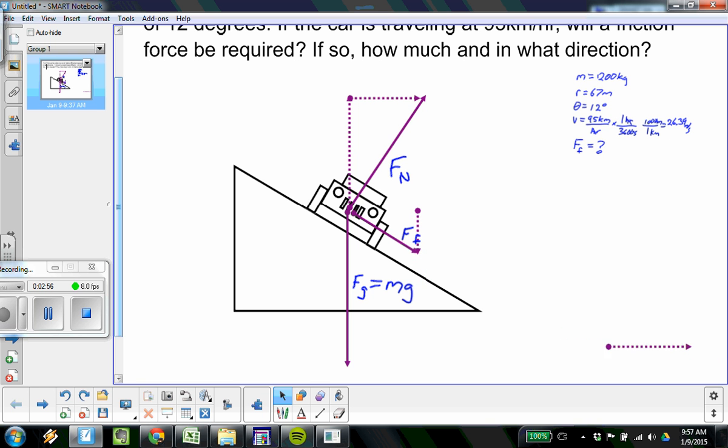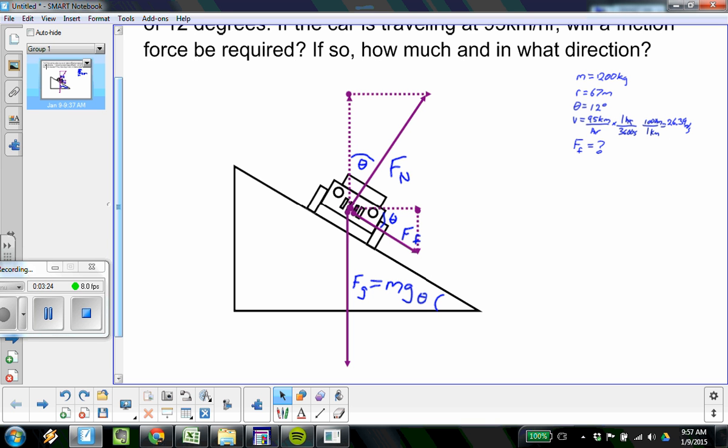It has a vertical and horizontal component. I think I might have gotten those mixed up a little bit. Yeah, it looks about right. And so if this is angle theta here, then we have angle theta here as well, and angle theta here as well. Those are all the same angle.